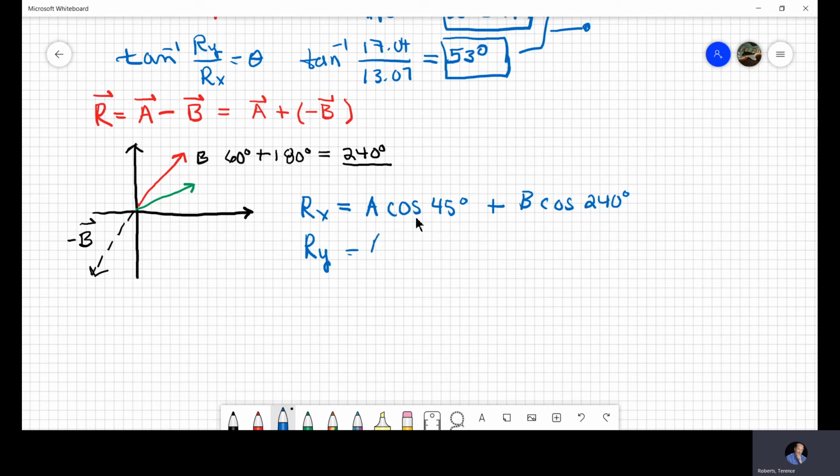And then we have A, the sine of 45 degrees, and plus B, the sine of 240 degrees. This one right here is going to be equal to 1.06 meters, and this one is going to be equal to -3.32.